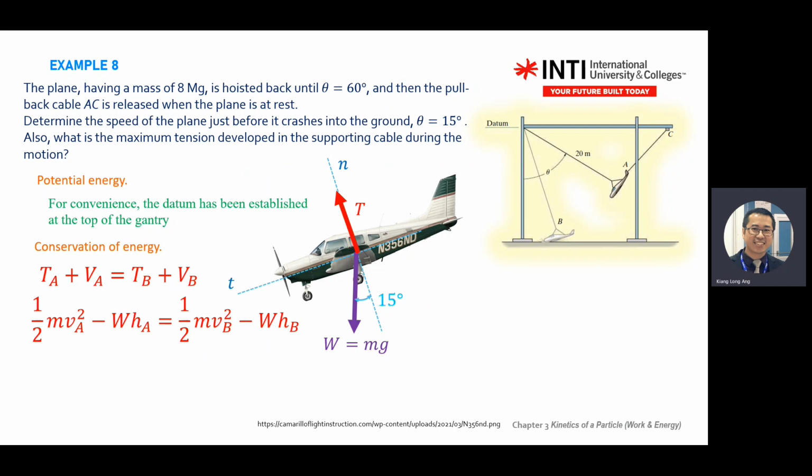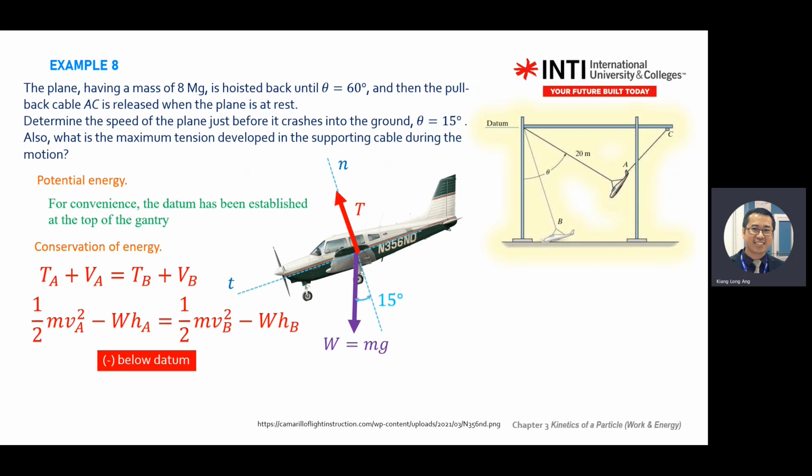Same with the other side, before equals after. Then be careful, the datum is positive going down. When positive is going down, be careful with the negative sign, especially the potential energy for A. It is negative, not positive, because it's below the datum.